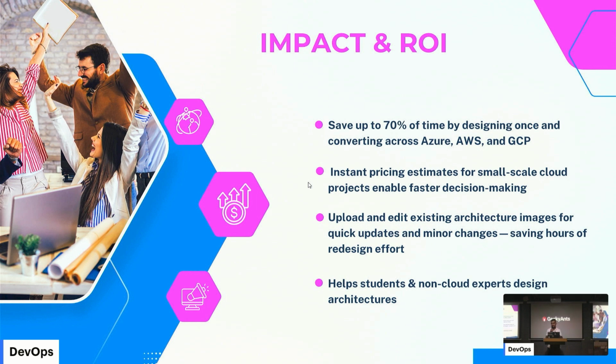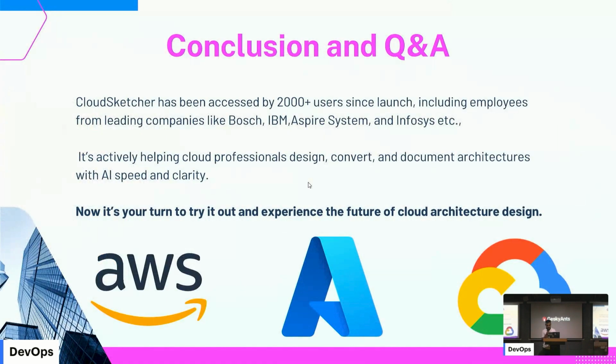If you just give the problem statement, you will get a basic idea of what kind of resource you can go with. Azure, AWS, and GCP all have 300 plus resources, so you will not know which is the best resource to fit this kind of problem statement. You can at least get an idea of what kind of resources we can have for this application. Based on that, you can draw the architecture diagram.